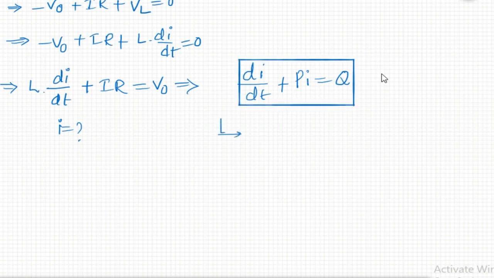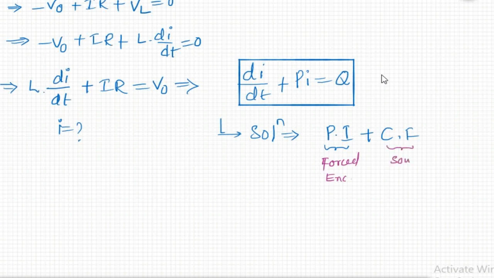The solution for this type of differential equation consists of two parts: one is the particular integration and the other is the complementary function. The particular integration is the response due to forced excitation, and the complementary function is the response due to source free excitation, where there is no source available in the network.